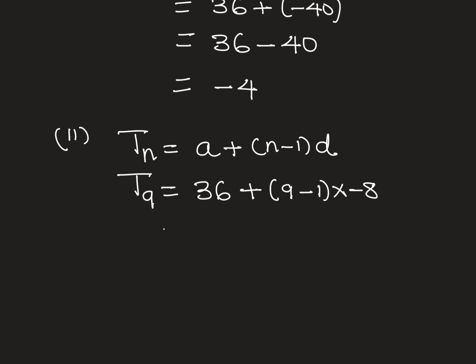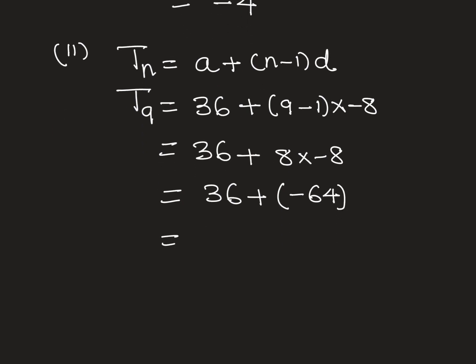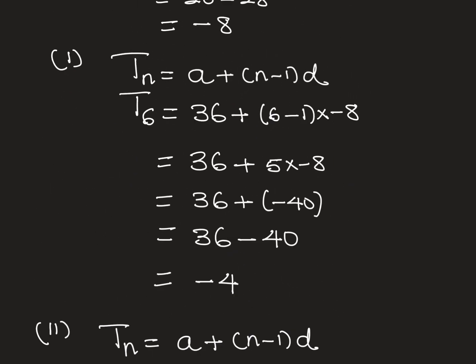So that will be 36 plus 8 times minus 8, which is minus 64. So 36 minus 64 is minus 28. That is the ninth term of this sequence.